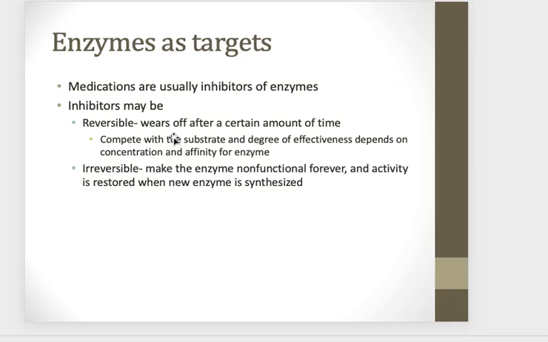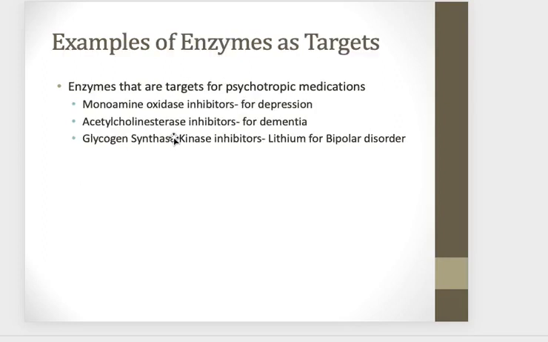So that is going to affect how long and how effective that medication is. Examples are MAOIs, or monoamine oxidase inhibitors, for depression, acetylcholinesterase inhibitors for dementia, and glycogen synthase kinase inhibitors like lithium, which is used for bipolar disorder.